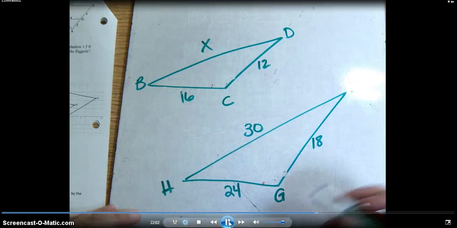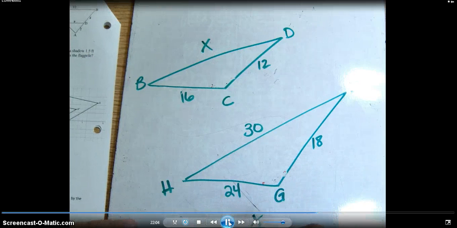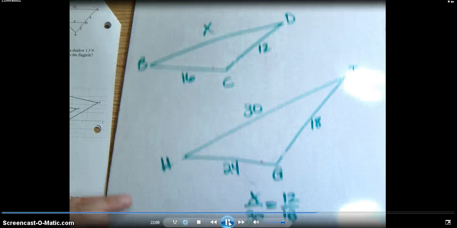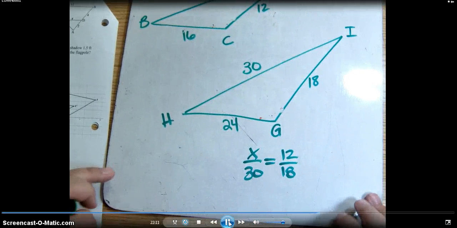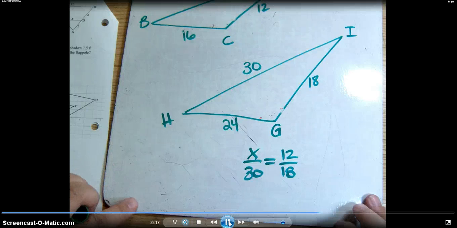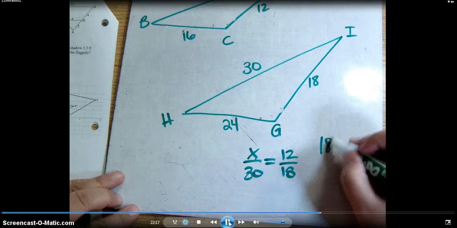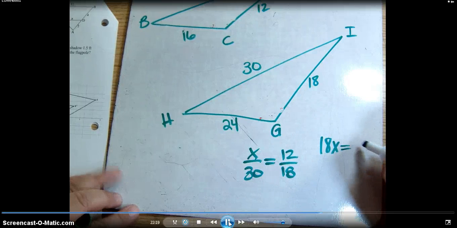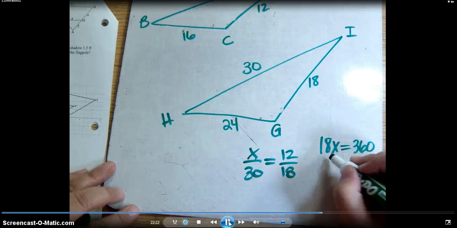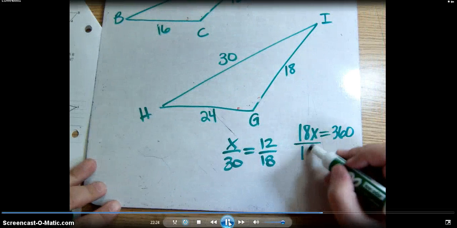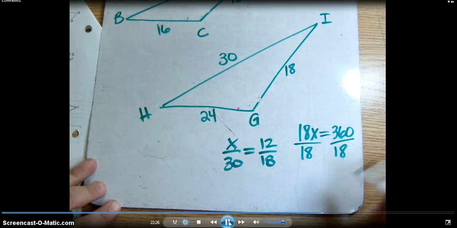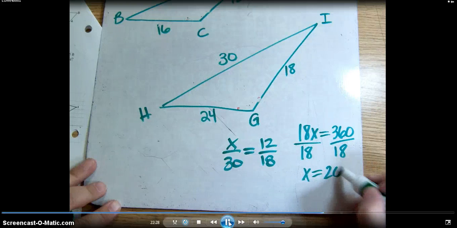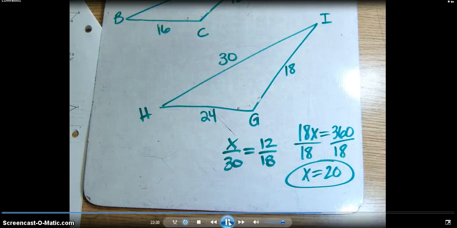So I would say x over 30 equals 12 over 18. And then cross multiply. You can actually simplify this before you cross multiply if you want to. Get that 2 over 3. Or you can just go ahead and do it as it is. And that would be 18x equals 260. Divide both sides by 8. And that gets us to 60.